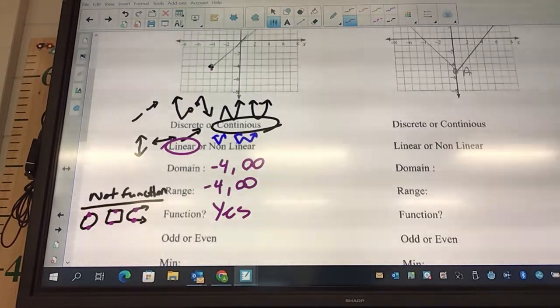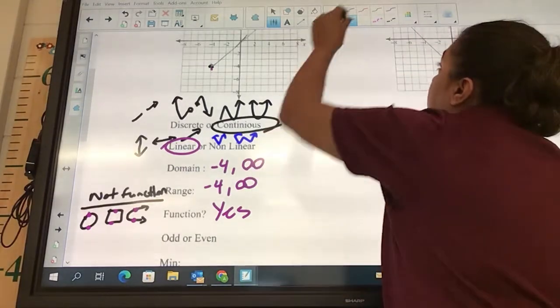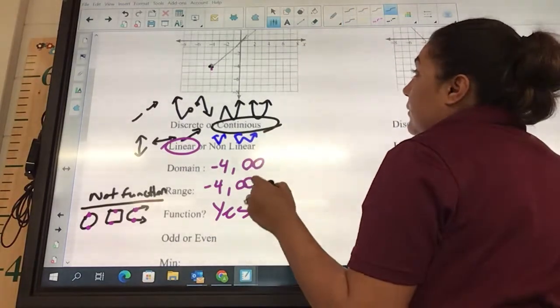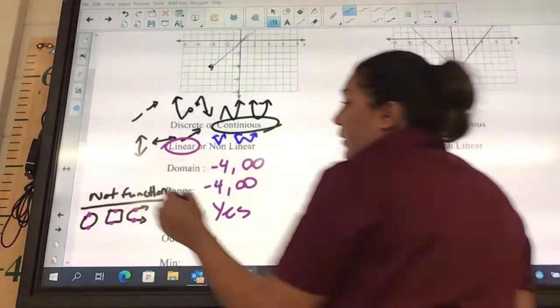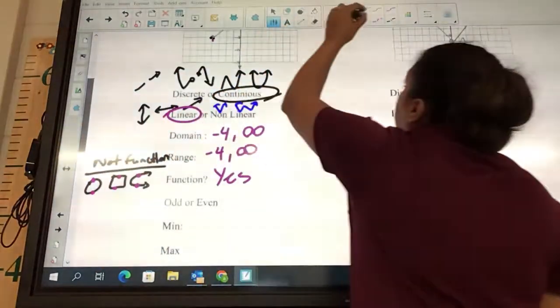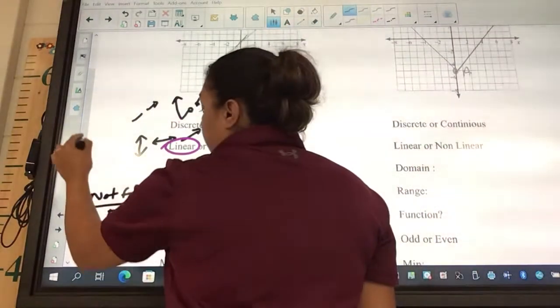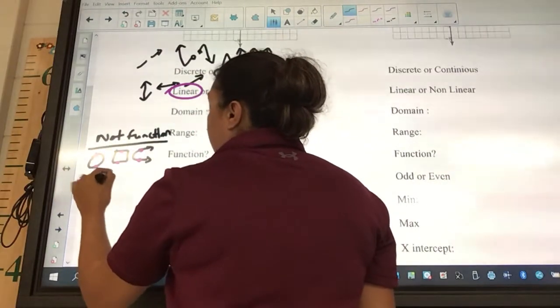Is this odd or even? Odd. No, neither. Wait, it's odd. I know it's not even.